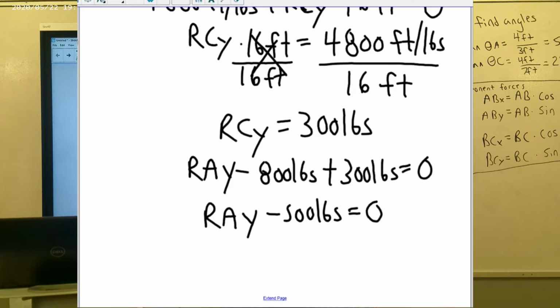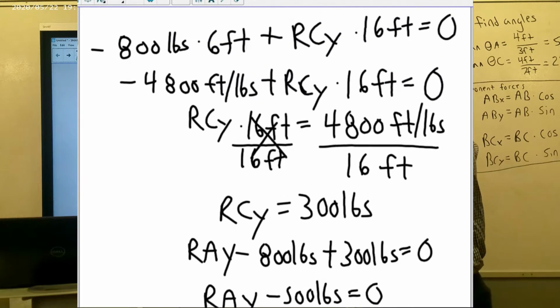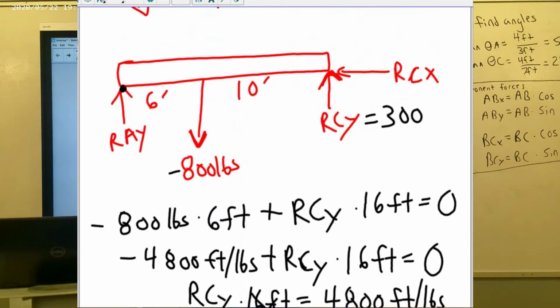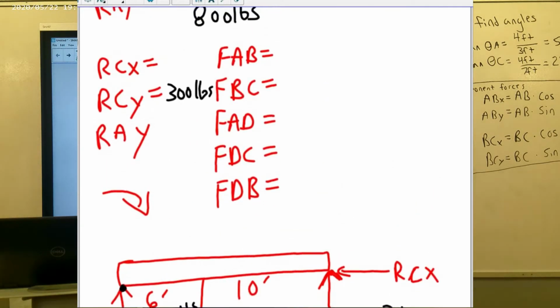Now I can add 500 pounds to both sides, and I have reaction force AY equals 500 pounds. So in that case, reaction force AY is 500 pounds. Let's go ahead and update our drawings. Reaction force AY is 500 pounds.